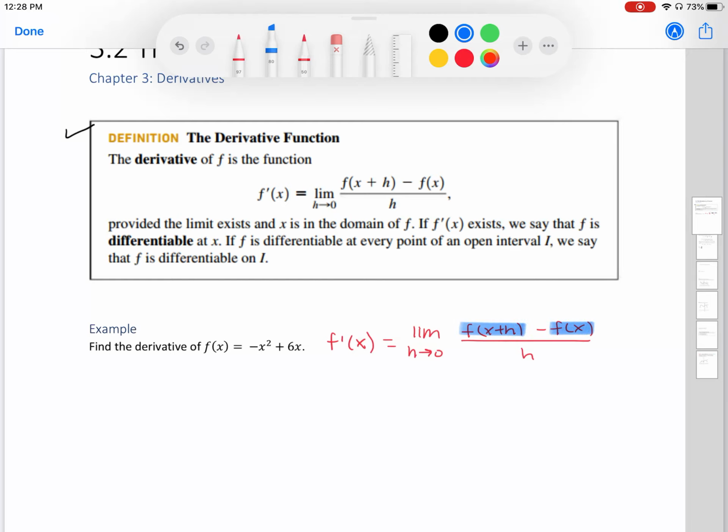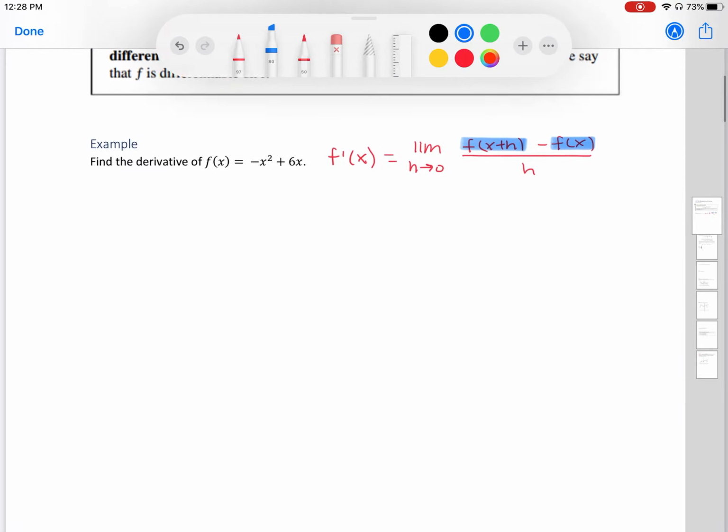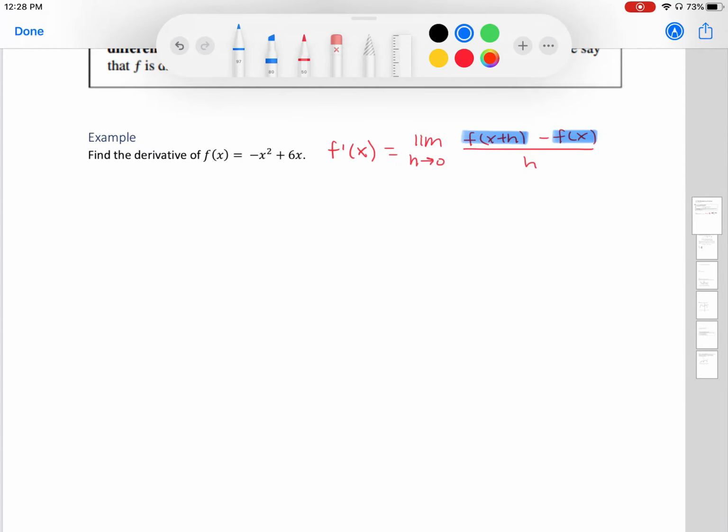You can find f of x plus h and f of x and then input them separately. Well, let's find f of x plus h first. Remember, for every x, we're going to plug in x plus h. So I have negative x plus h squared plus 6 times x plus h.